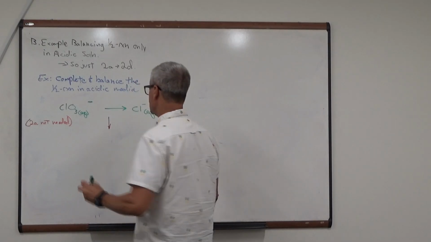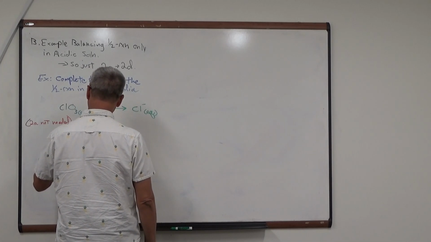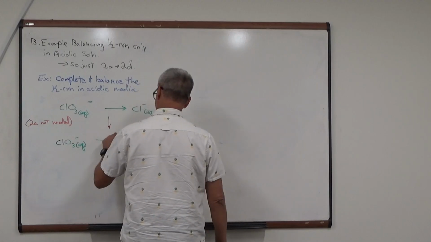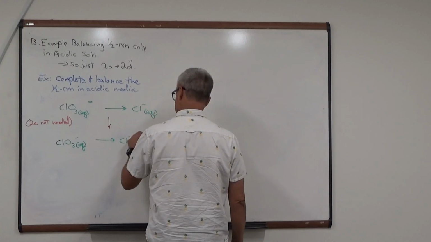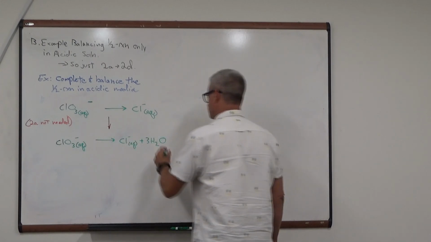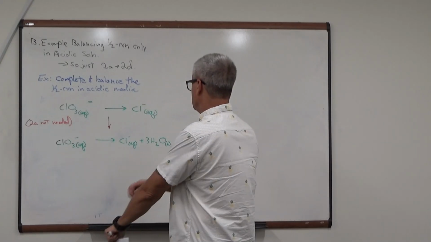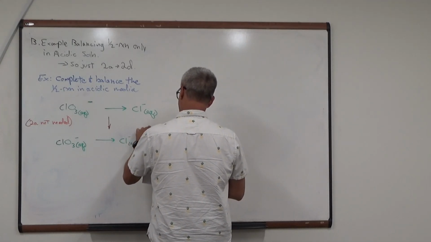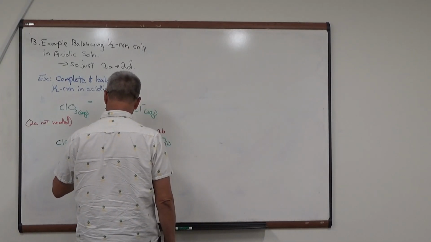So ClO3 minus goes to Cl minus, aqueous, plus 3 waters, liquid. I meant to do this in red, but that's okay. So this was step 2B. All right, so now we're going to do 2C.